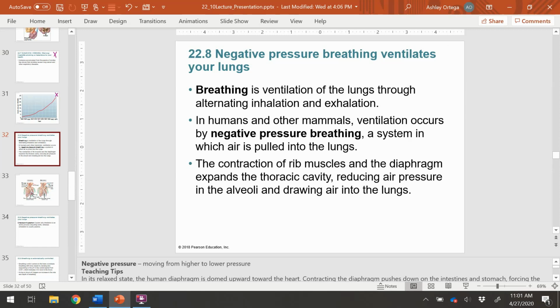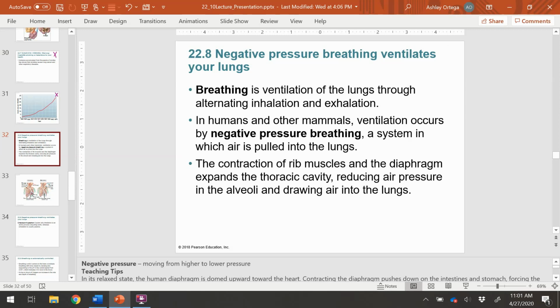For humans and some other mammals, this ventilation occurs by a process we call negative pressure breathing, in which the air is being pulled into the lungs. Negative pressure, if you're wondering what that means, is moving from a higher to a lower pressure. So the air is moving from a higher pressure to a lower pressure, and that's bringing it into the lungs.